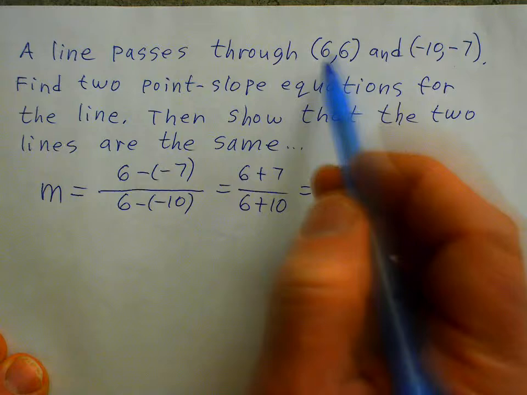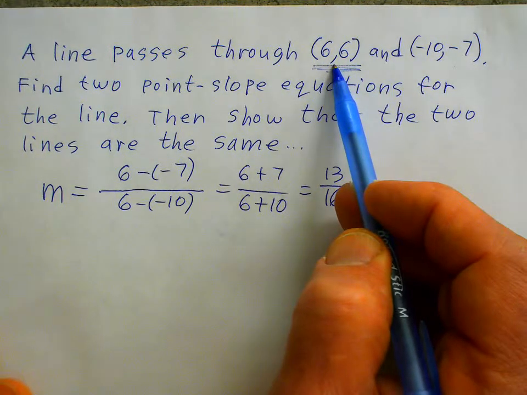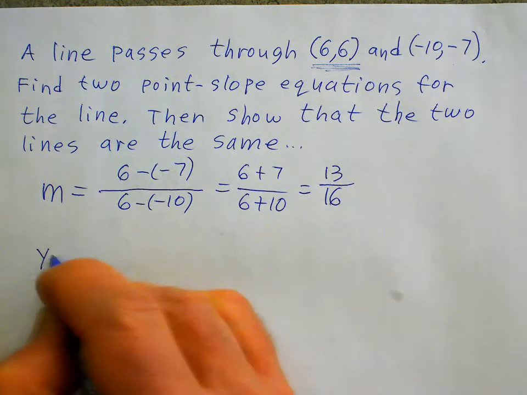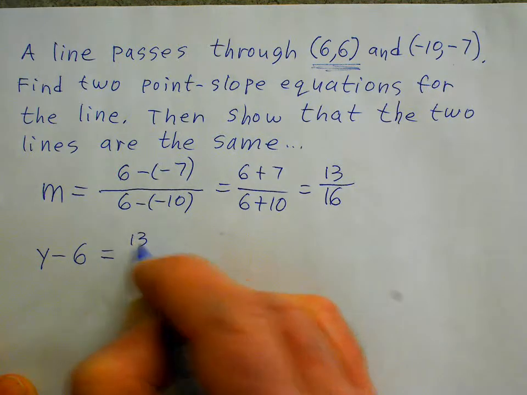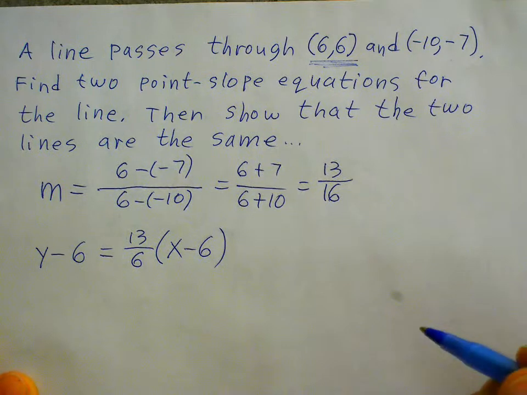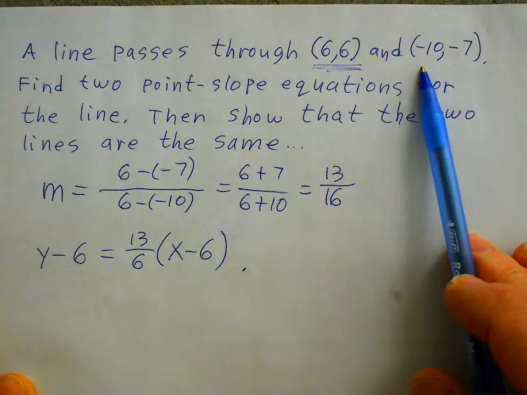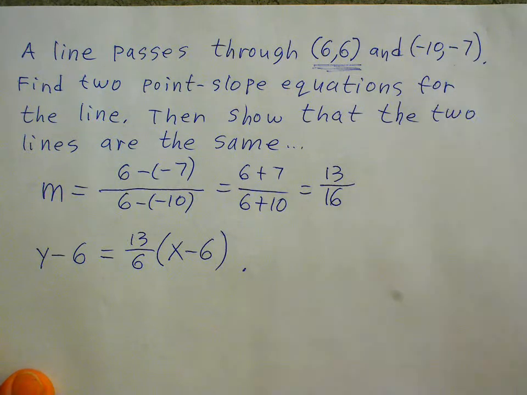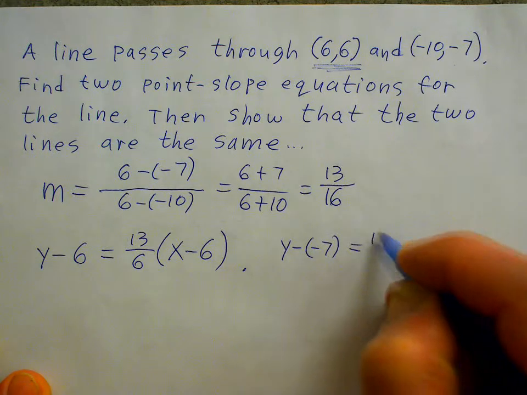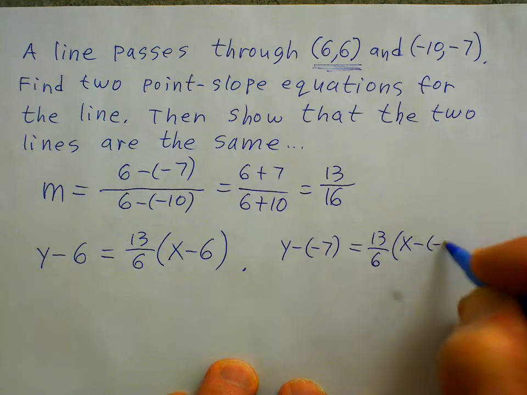So one of our point slope equations will involve the ordered pair 6, 6. So we'll write y minus 6 equals 13/6 times x minus 6. Then we'll write a point slope equation using the other ordered pair instead, -10, -7. So this time we get y minus -7 equals 13/6 times x minus -10.